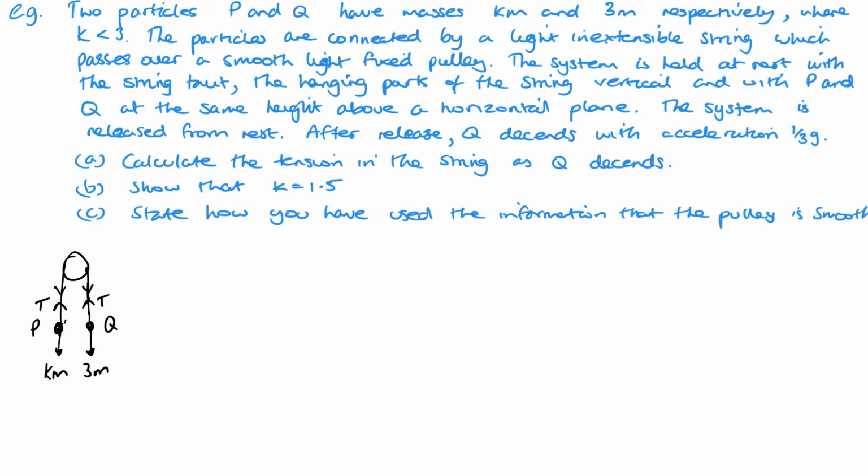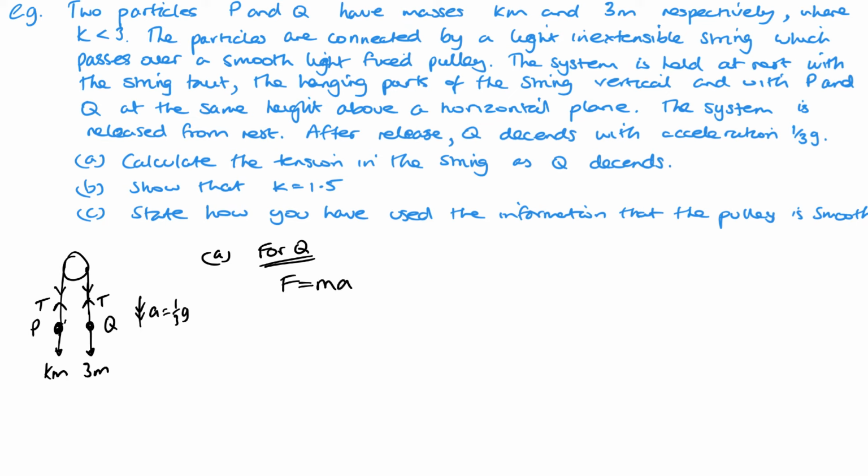And then we know that Q is going to descend with acceleration 1/3 g. So the first step is to calculate the tension in the string as Q descends. So for Q, that's what we're looking at.